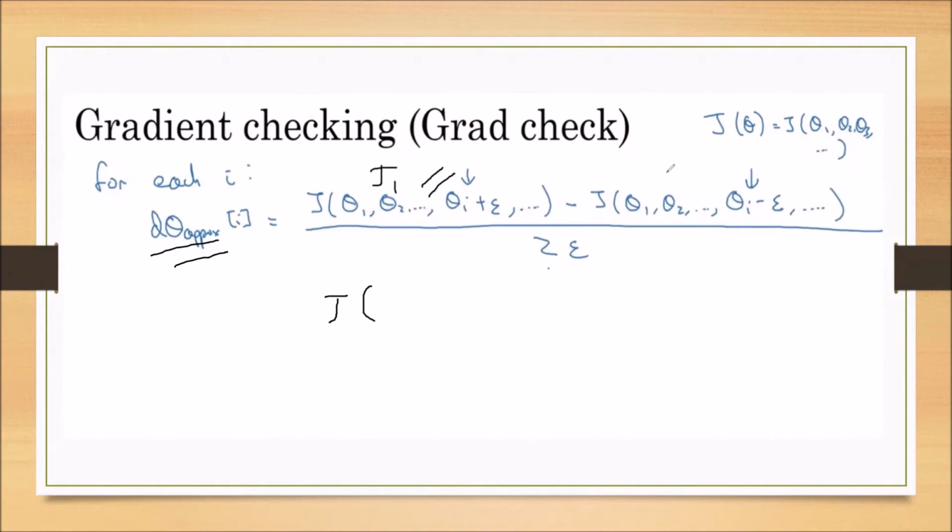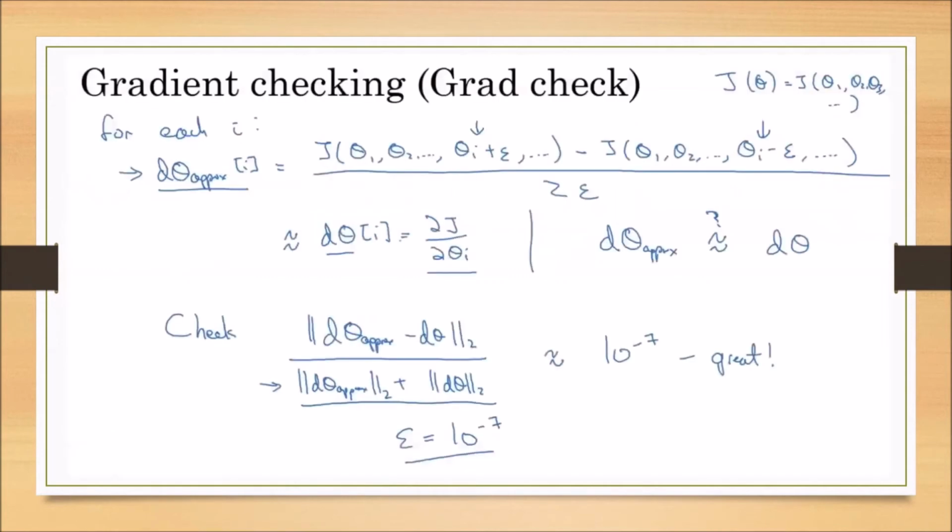And by subtracting epsilon from every parameter, we calculate the cost function, which we call j2. Then we subtract j1 minus j2 and divide by 2 epsilon. This gives the differentiation of the cost function with respect to theta. Now we check this against the differentiation we already calculated. The already calculated differentiation we call d theta, and the differentiation we have just calculated we call d theta approx.